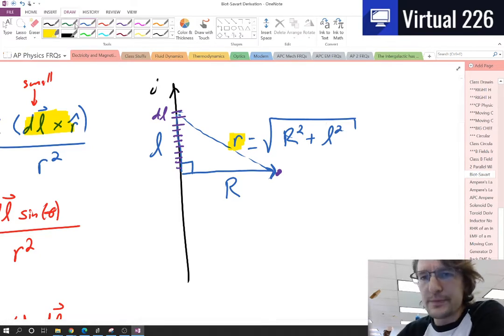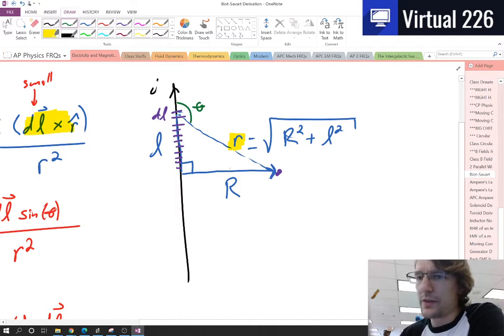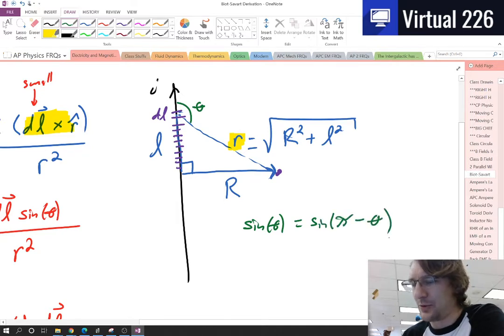We also know that when we take a look at the angles here, this is some angle that's sitting out here like this. Even though that angle is rather large, we know that the sine of some angle theta is equal to the sine of pi minus that angle theta.